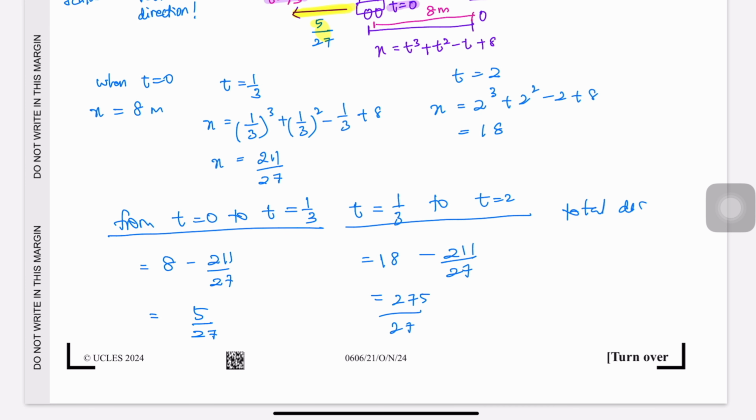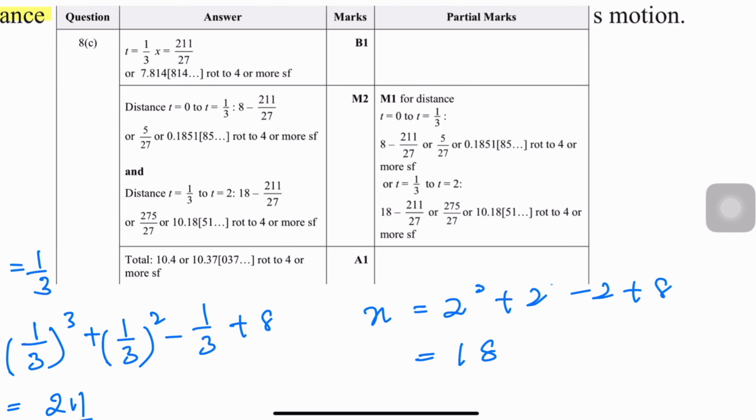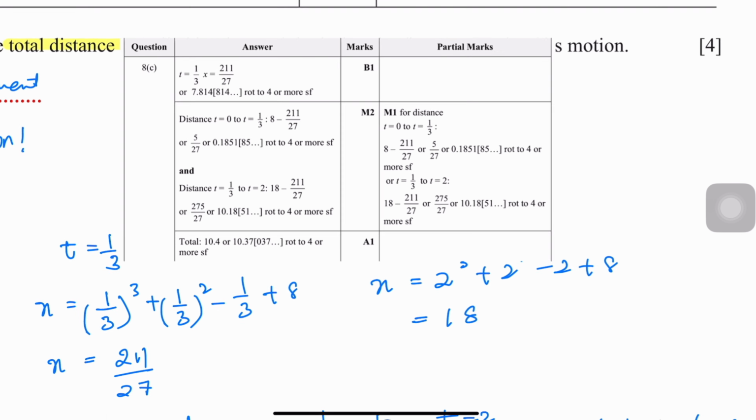Total distance is approximately 10.37, or 10.4 meters. This is a 4-mark question. The first part is that when t is 1/3, x is equal to 211/27.